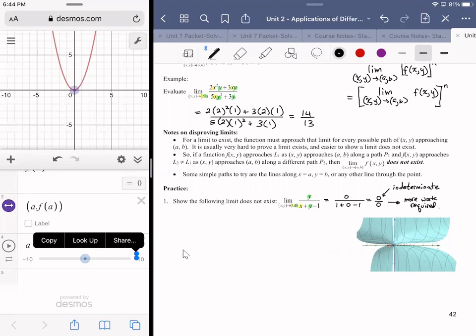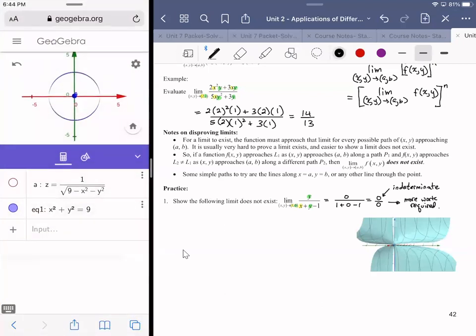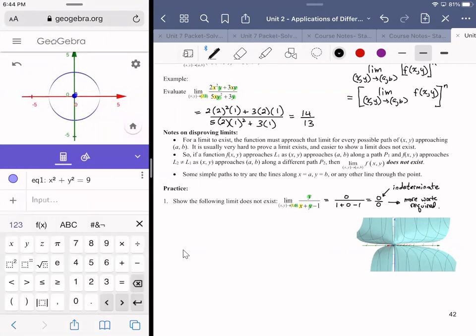So in GeoGebra, I'll just put in a simple function, because this is a let's not break our brains moment here. Because I already told you that this graph here is pretty crazy. Let's go with something much simpler.